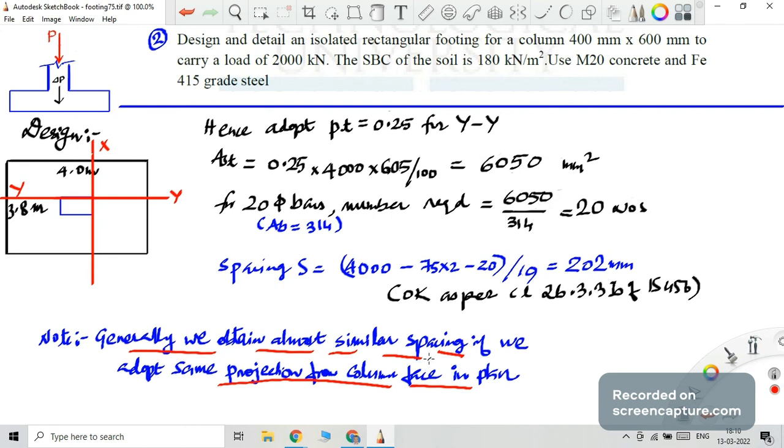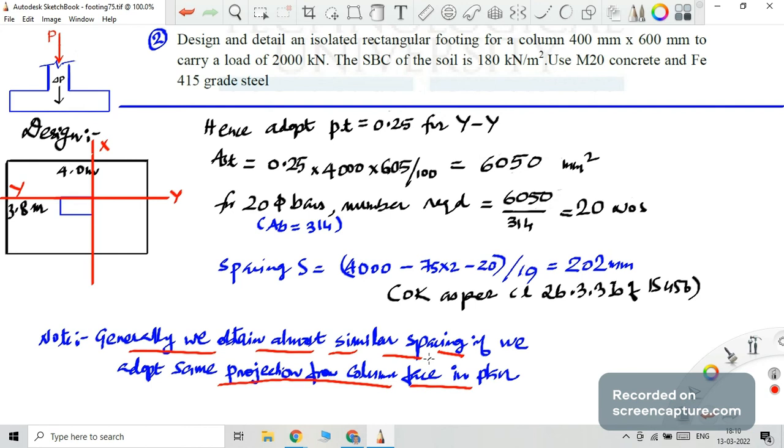As an alternative, if you are given a space constraint, so that you cannot use 3.8 meter, you can use only say 3 meter, then the same procedure, only the difference is the plan dimensions. The procedure is one and the same.